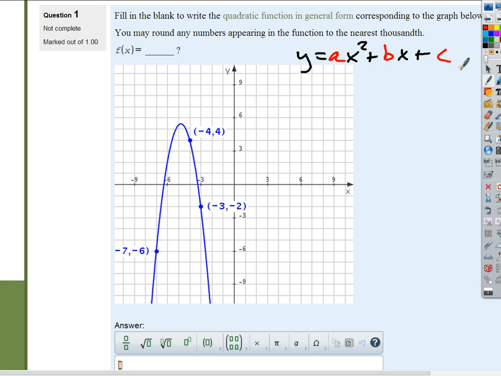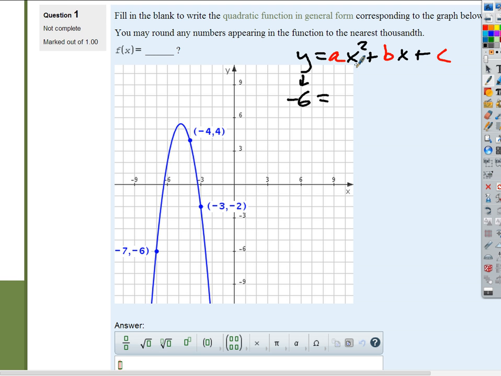If I plug in, for example, -7 for x and -6 for y, what am I going to get? Well, my y value is going to be -6. What am I going to get for the first term? A times what number squared? -7, right? So -7 squared would be 49.